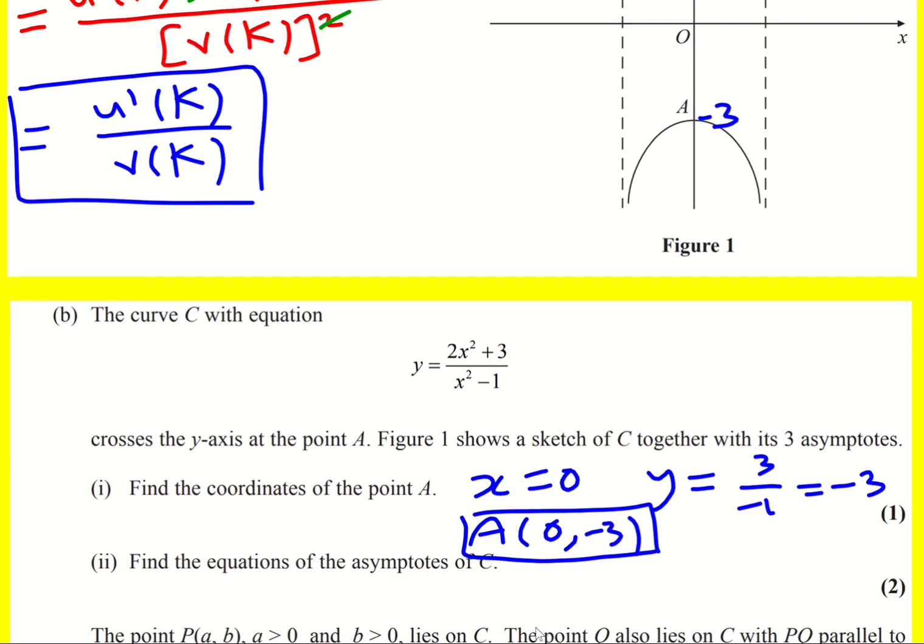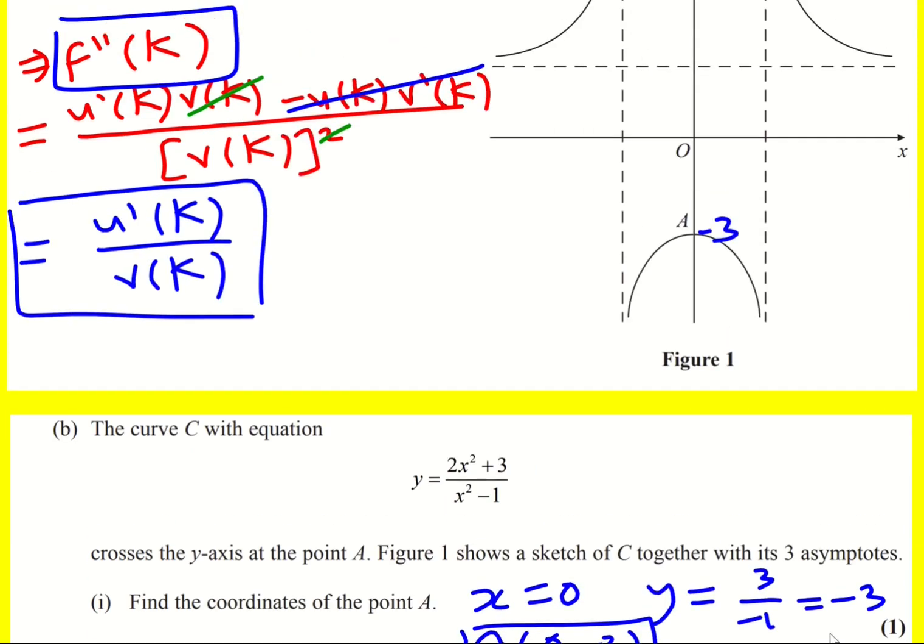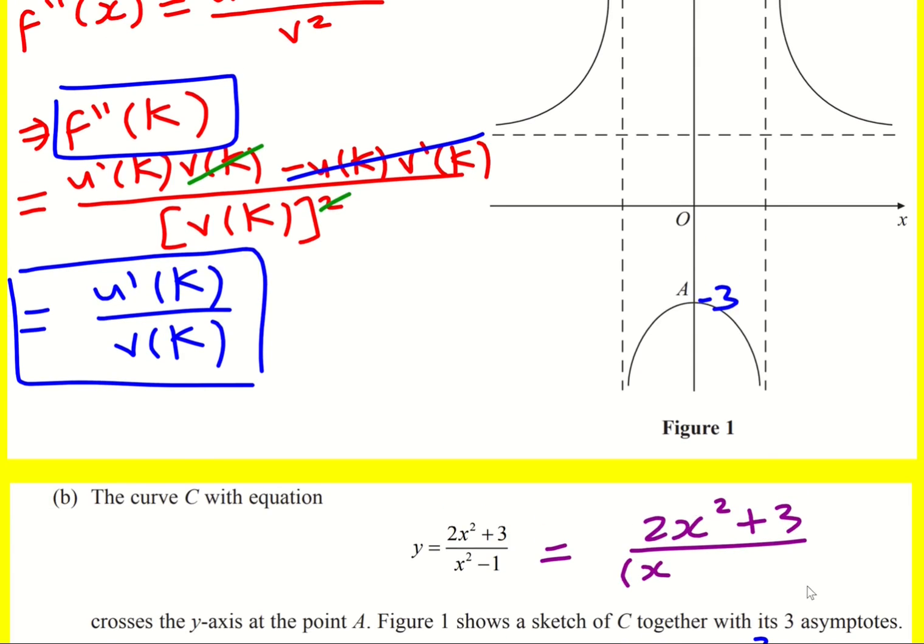Then we're asked to find the equations of the asymptotes of C. So it's worth thinking about the fact that it's a fractional quantity, and we could factorize the bottom because you're interested in basically where that might equal 0. So (x plus 1)(x minus 1).